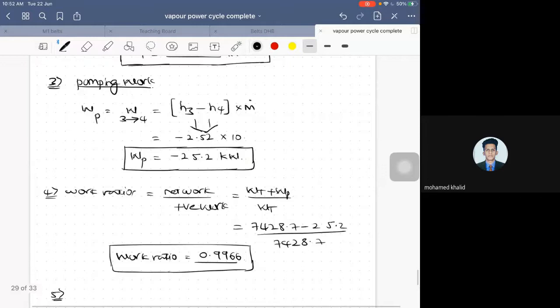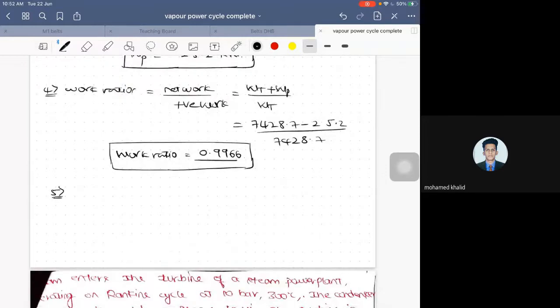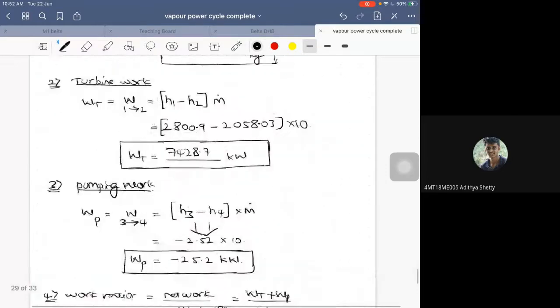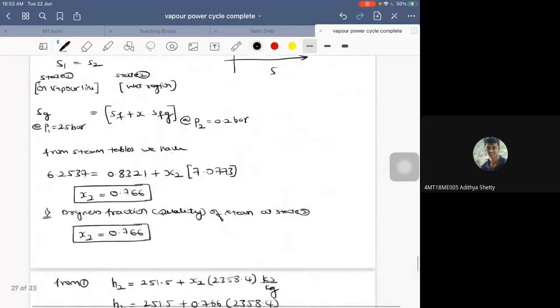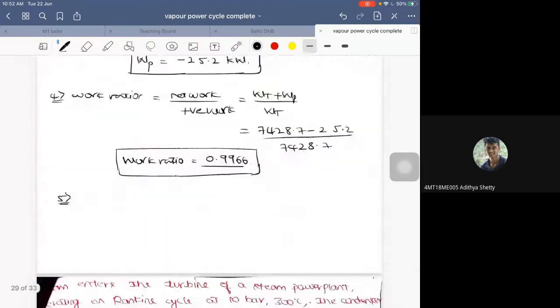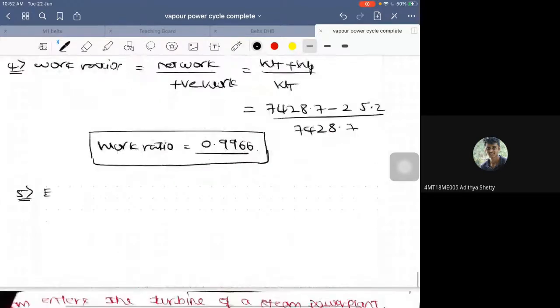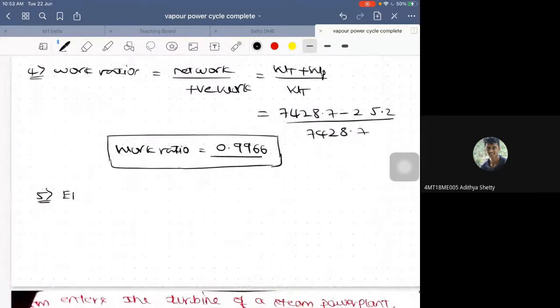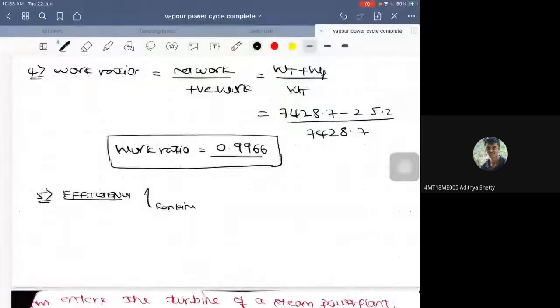What did the fifth one ask? Efficiency of the Rankine cycle. How is the efficiency of the Rankine cycle calculated? It equals output divided by input.